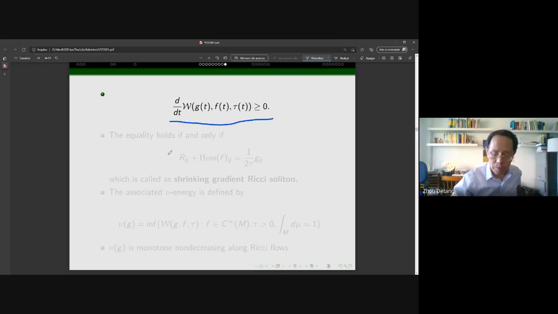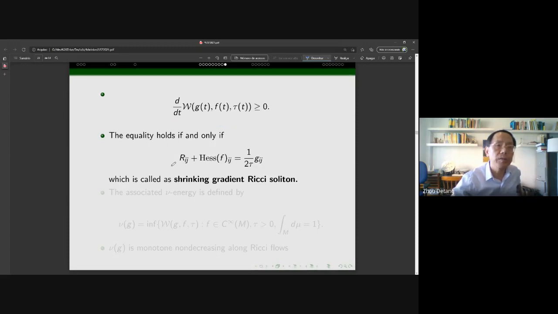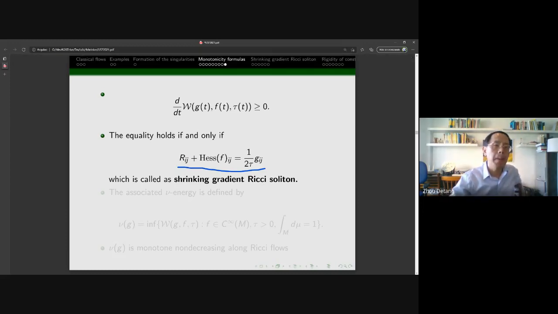The equality holds if and only if this holds, which we call a shrinking gradient Ricci soliton. So that means a shrinking gradient Ricci soliton is just a critical point of this functional. That is why you have a number here.